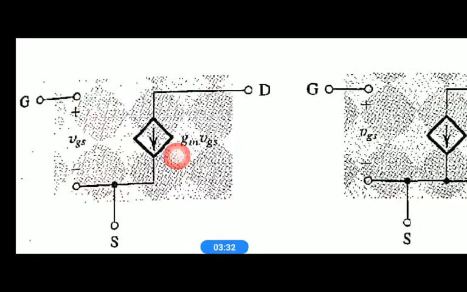There are several capacitive effects present between gate and source, between drain and source, or between drain and gate, and we have one more terminal, the body terminal, which we already studied, between body and gate, between drain and body, and between body and source. Those capacitive effects will come into picture when you apply the high frequency input signal.